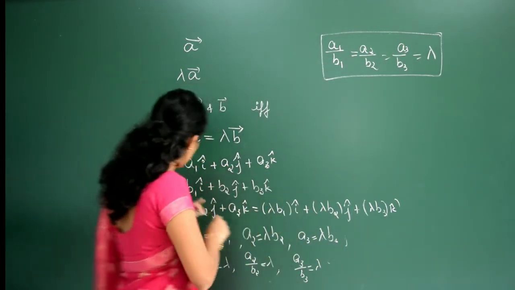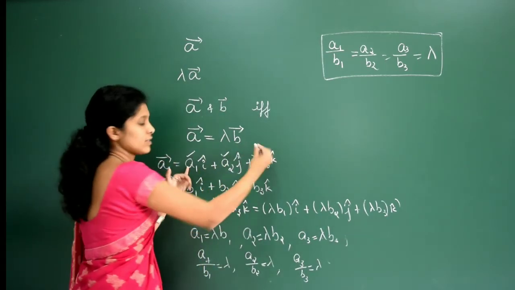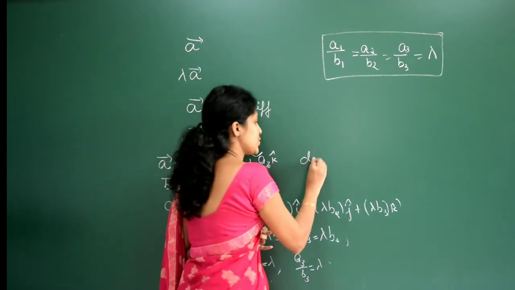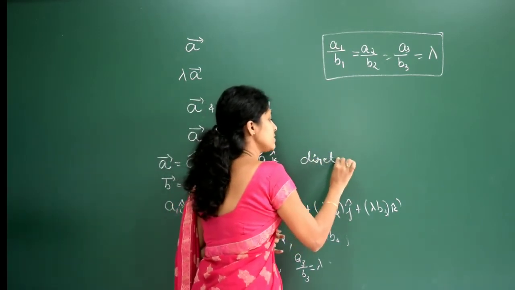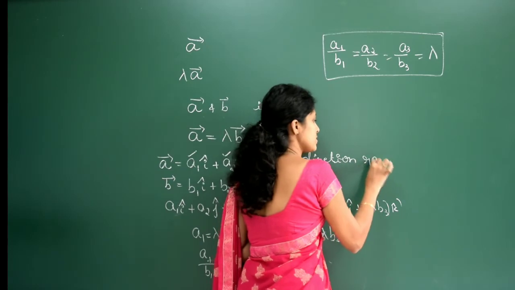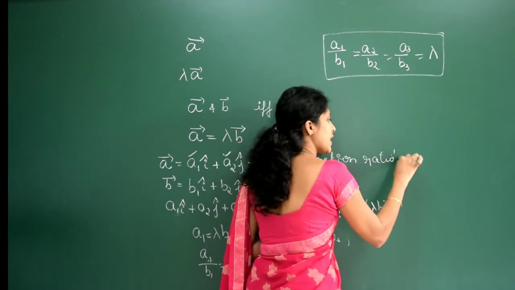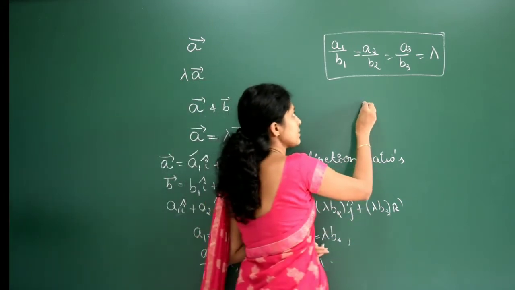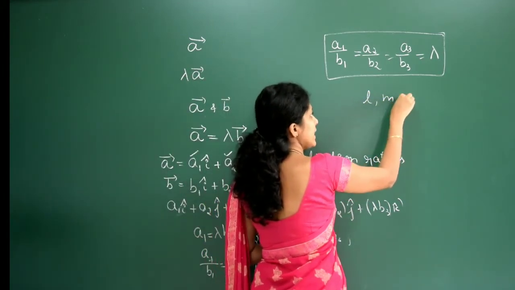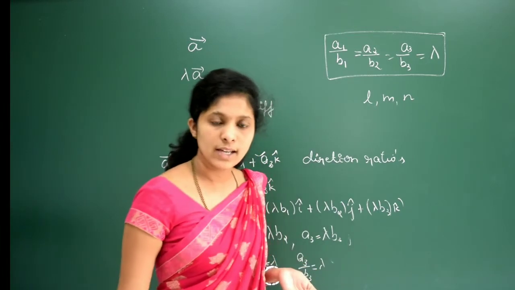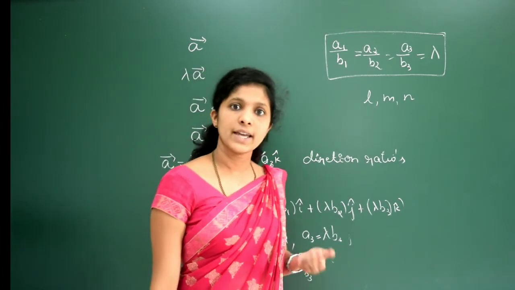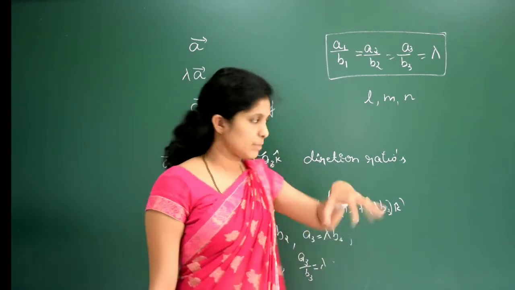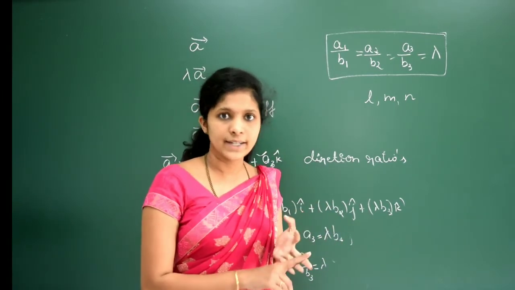Then one more thing here. In this vector, a1, a2, a3 are called direction ratios. If direction cosines are given, direction cosines are nothing but l, m, n. l is cos alpha, m is cos beta, n is cos gamma, and alpha, beta, gamma are the angles with respect to the axes x, y, and z.